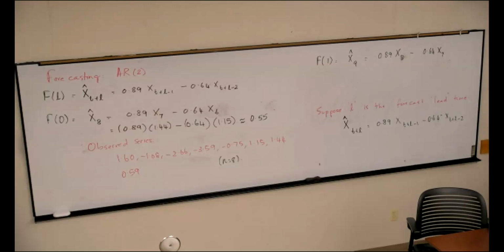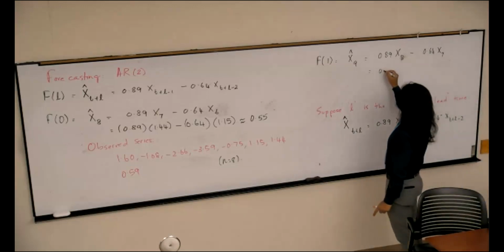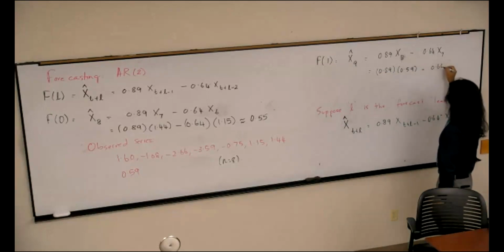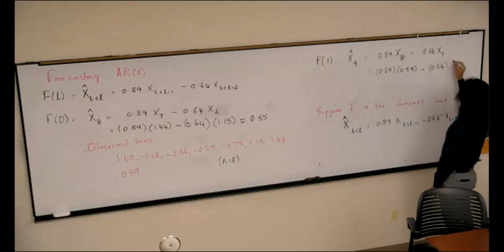Do we have x7? Yes. Okay. So 0.89 times x8, 0.59, minus 0.64 times 1.44.